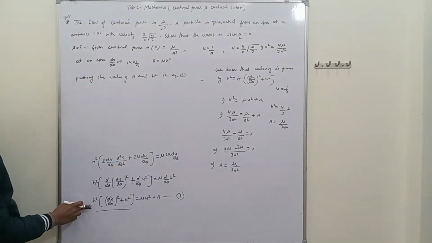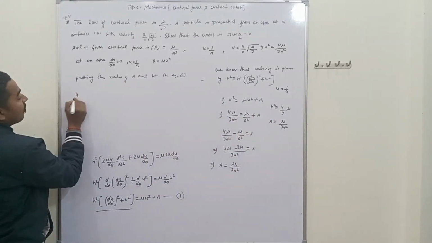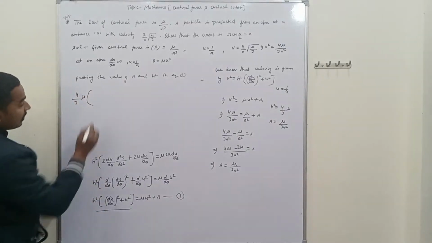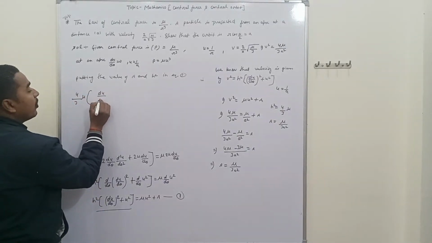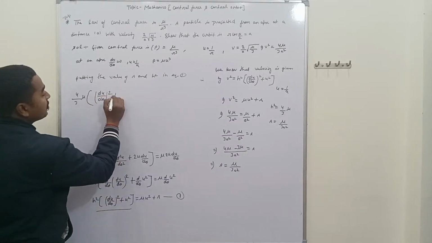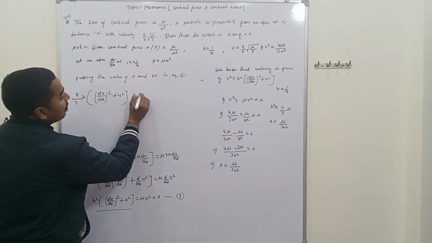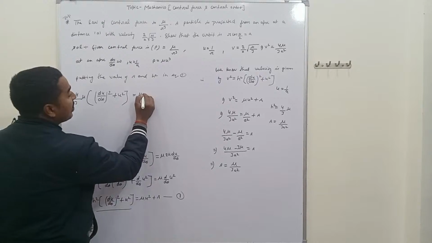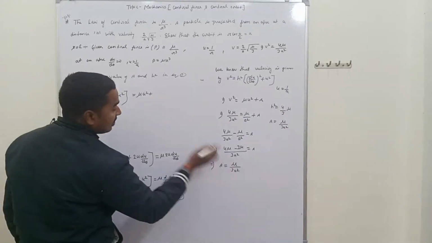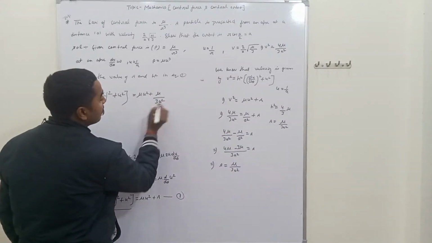Here the value of h square is 4 upon 3 mu into, here is du upon d theta whole square and plus of u square, and here is mu into u square and plus of the value of a is mu upon 3a square.